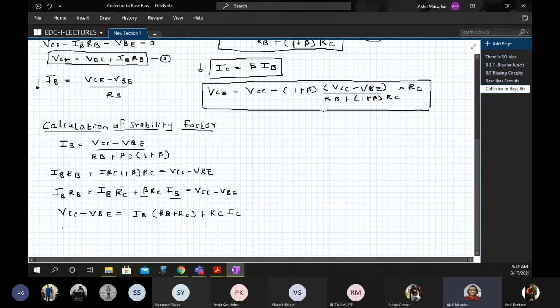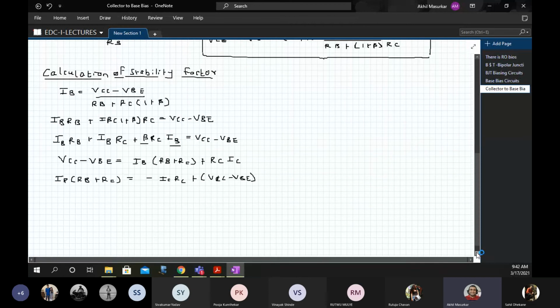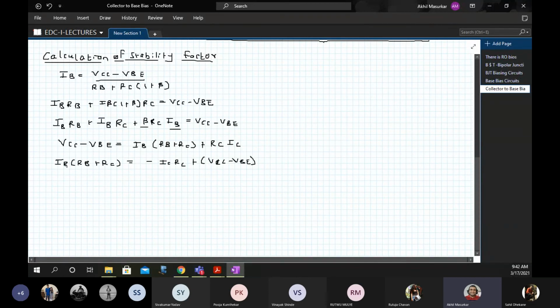Now this term I'll write IB into RB plus RC equal to minus IC RC plus VCC minus VBE, and further I will write IB is equal to minus IC RC upon RB plus RC plus VCC minus VBE upon RB plus RC.